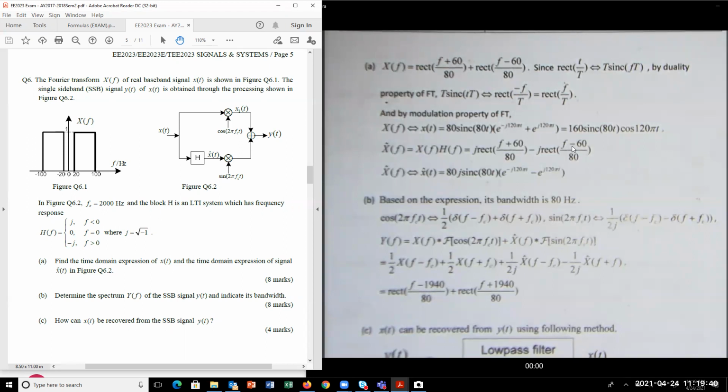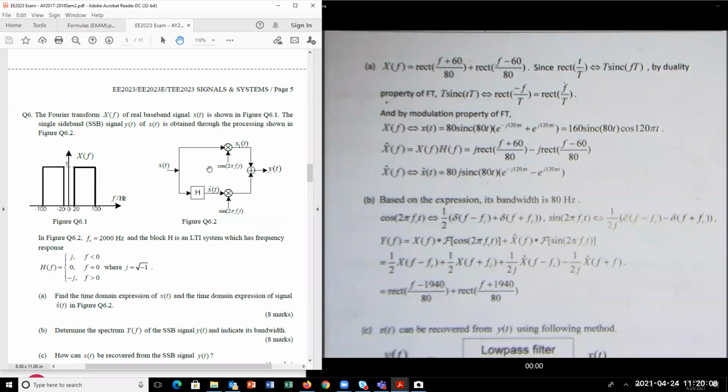All right, let's move on to any other question. Anything else? Prof, for question 5, I see there are no numbers, everything is just letters.